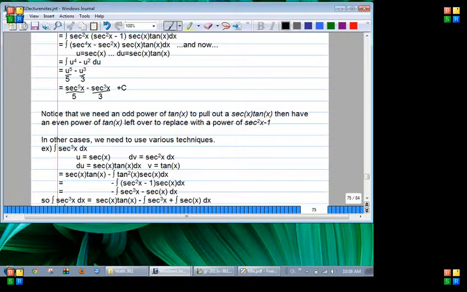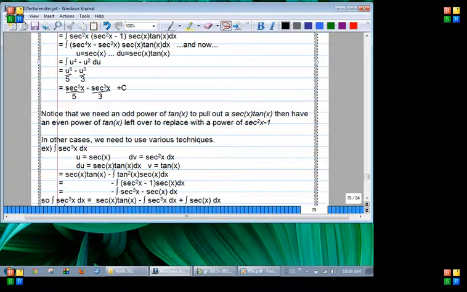So the integral of secant cubed x dx equals secant x tan x minus the integral of secant cubed x dx plus the integral of secant x dx. Integral of secant x dx, we recently learned how to do that, so we know that.